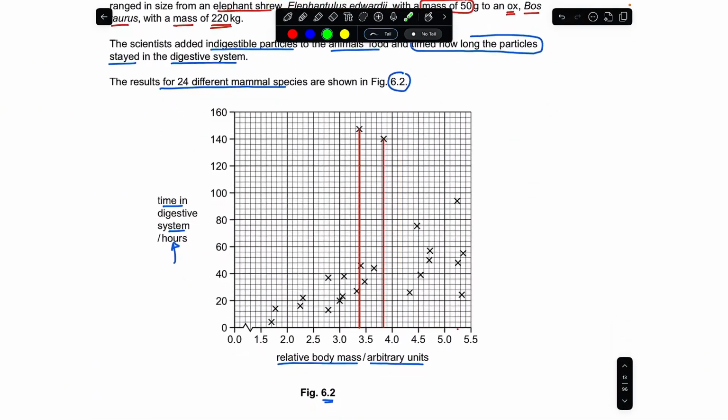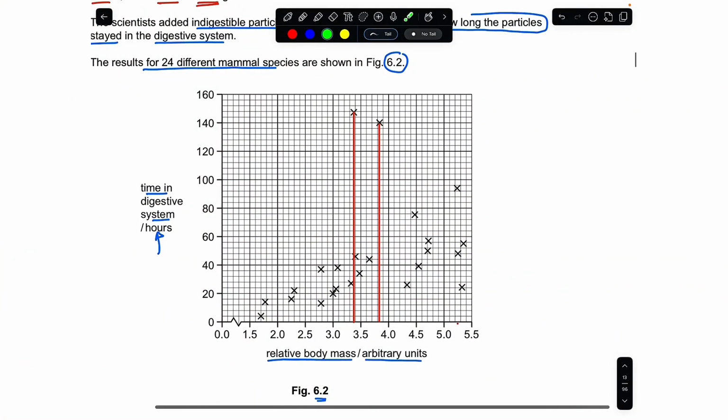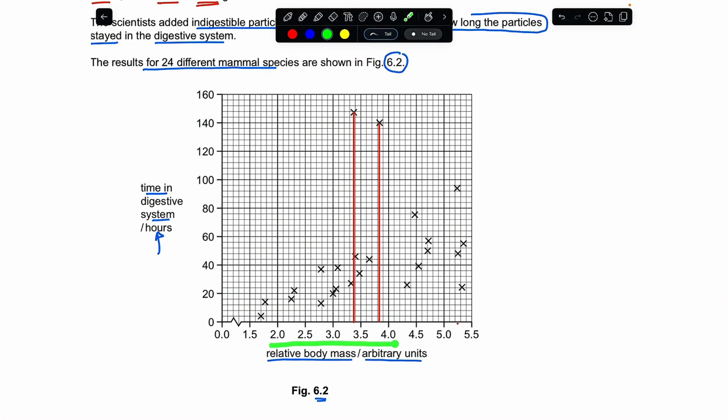So you see the first point here should be a very general point, and what I see is that as the relative body mass of the animal increases, the time for the food to stay in their alimentary canal also increases. Now, this is the general point in favor. Now, I need to quote in favor of their statement some numeric justification.